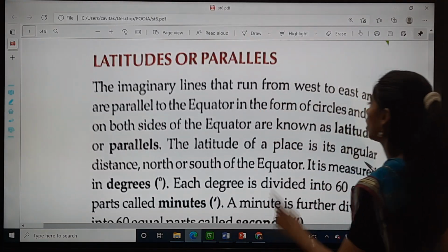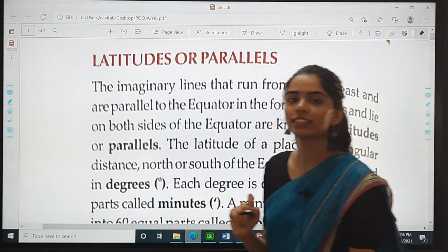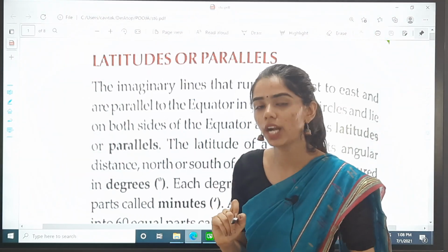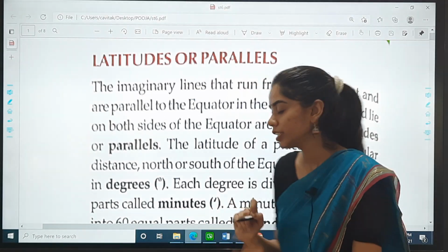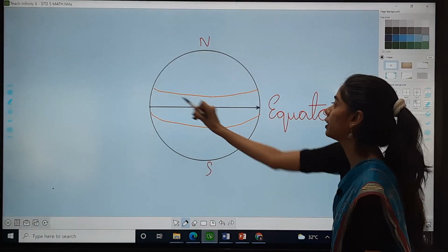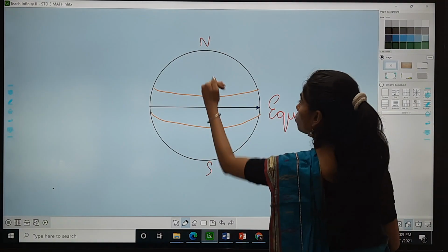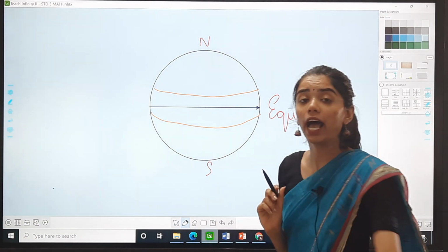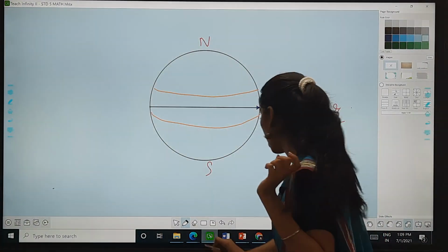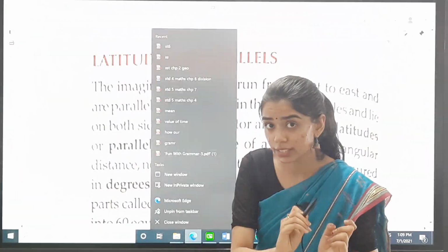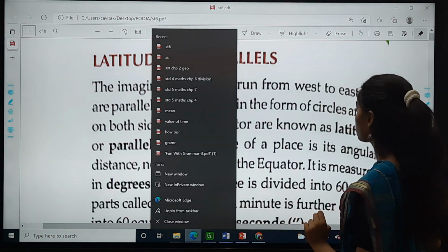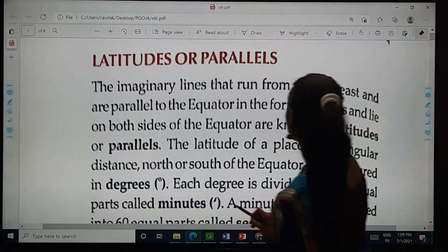Next, now this is known as what? Latitude or parallels. ये जो imaginary lines हैं, these imaginary lines are parallel to the equator and they go how? West to east. ठीक है? West to east होती हैं and what else was written?